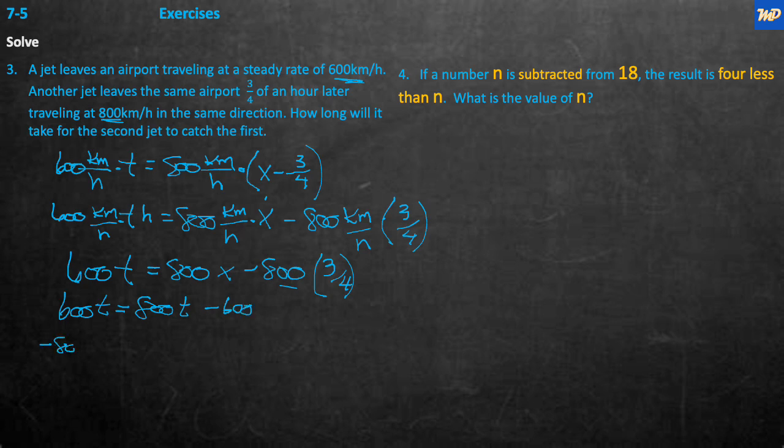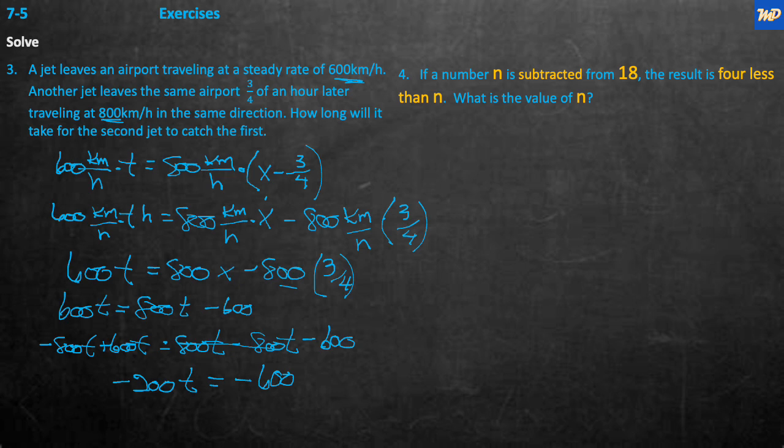We have minus 800t plus 600t is equal to 800t minus 800t minus 600. So this is where we subtracted out the 800t. So these two cancel. And on this side, minus 800t plus 600t is minus 200t. And that's equal to minus 600.